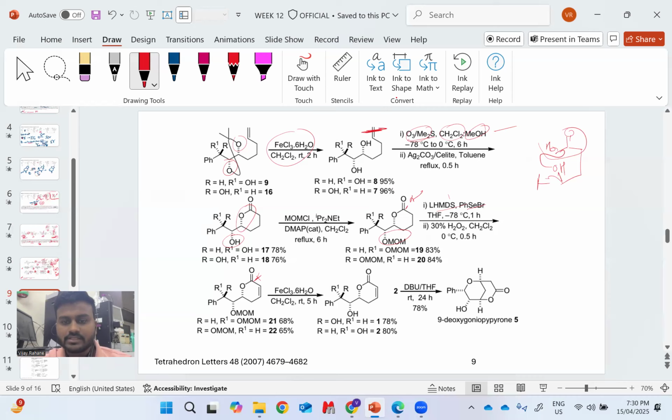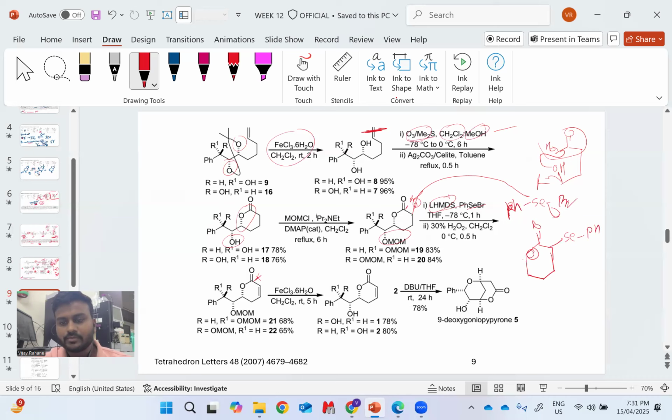In this case there is an acidic proton, so it abstracts the proton from here and forms a nucleophilic enolate, and further upon addition of PhSeBr, this nucleophile, the enolate, attacks the Se, and the Br gets eliminated. So basically the first step is this SePh, and then this is the remaining part of the molecule, right?